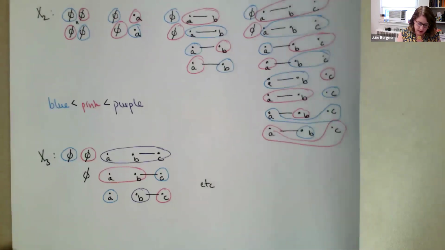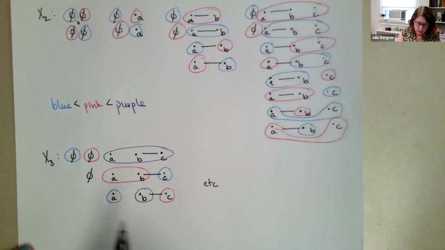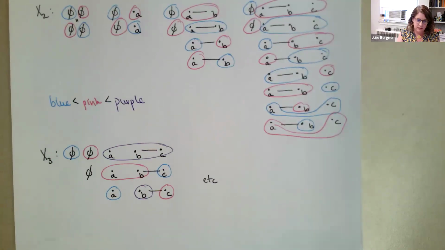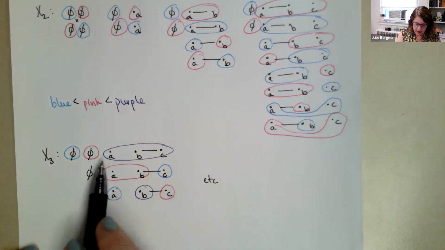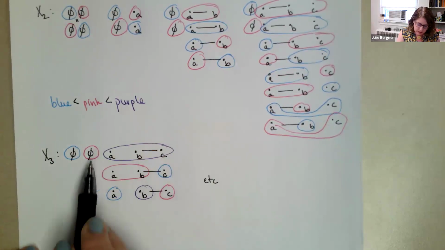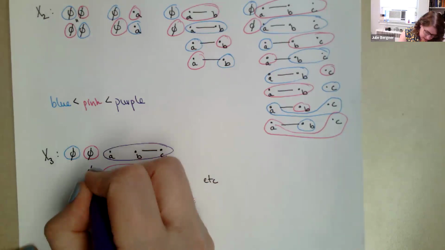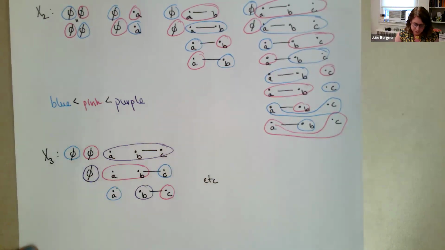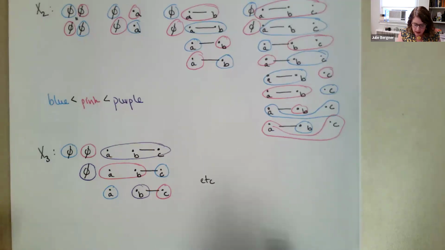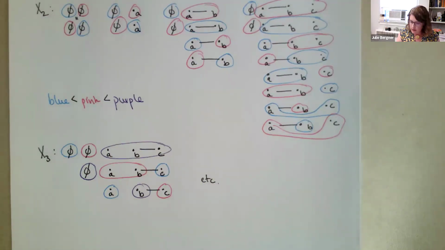And then if I have a 3 simplex, this is going to explode even more. So again, I could lump everything together and have a couple empty things in my partition. Oh, it looks like I forgot to color this one. This one should be purple. And I'm just saying purple is what comes after pink. So these are the various things that you can do.